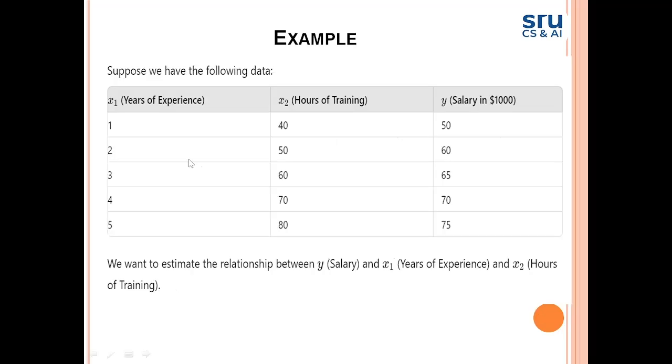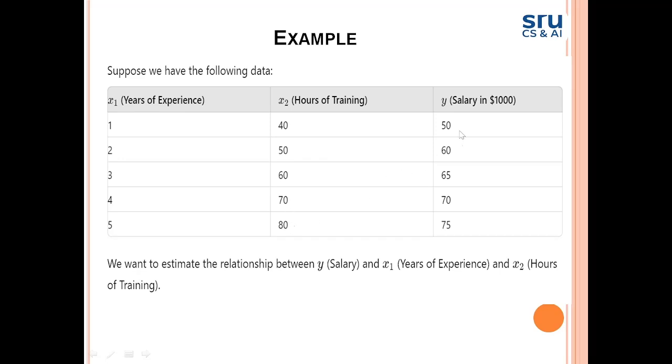Now take an example here. x1 is the years of experience, given as data 1, 2, 3, 4, 5. x2 is the hours of training, given as 40, 50, 60, 70, 80.